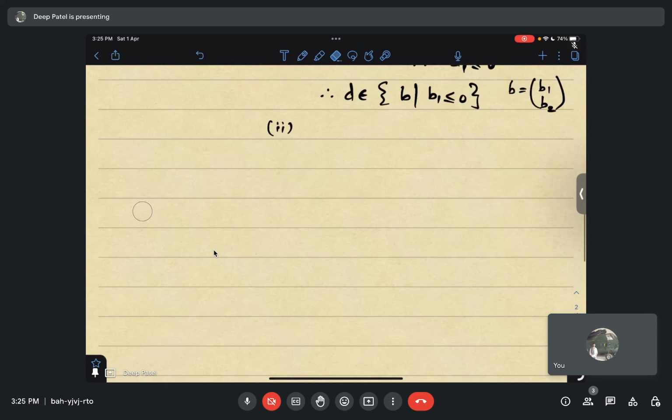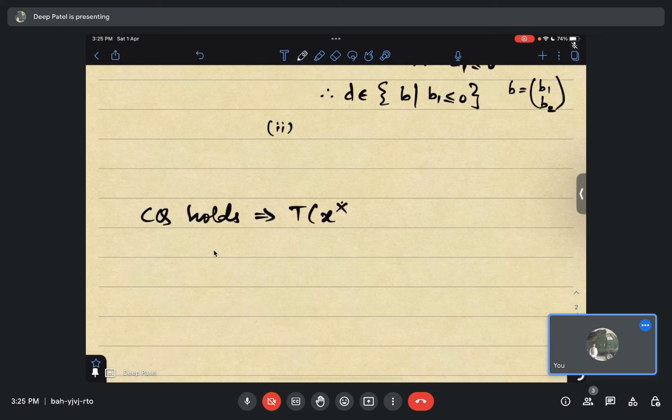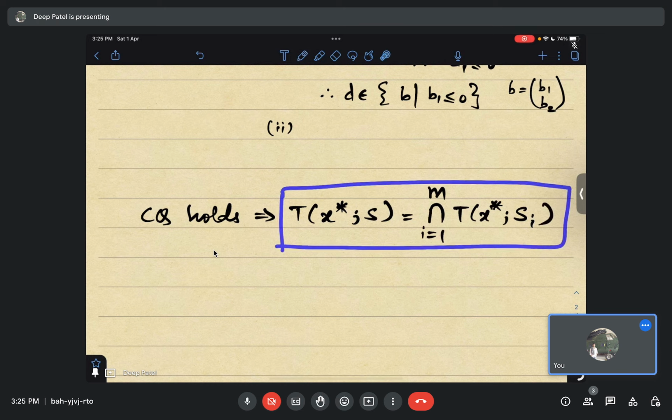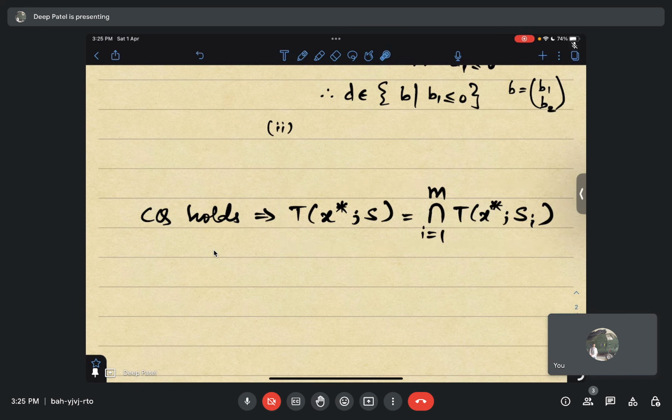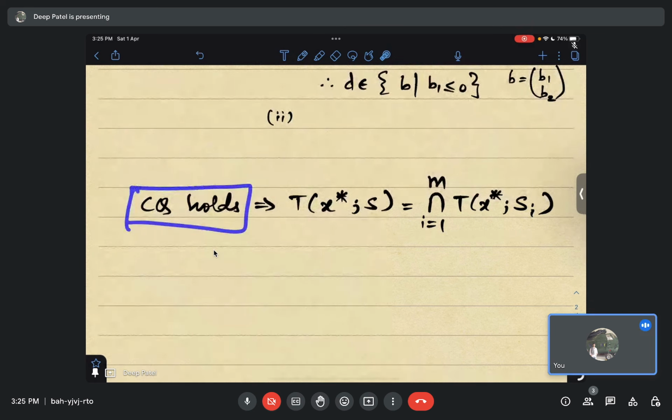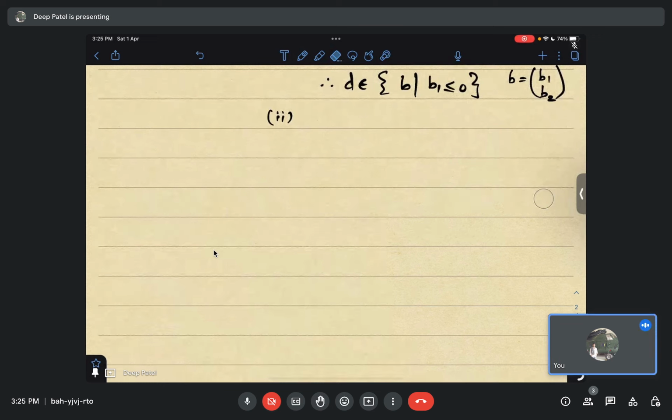Got it, so it's the other way around. Yeah, so CQ holds. This implies the tangent cone at x star for a feasible set is the intersection. Let's say there are m constraints. So we want a condition under which this happens. True. That's why we introduced the idea of constraint qualification.